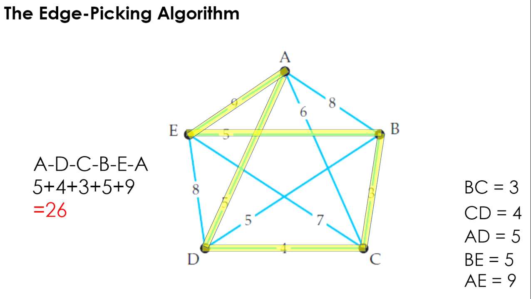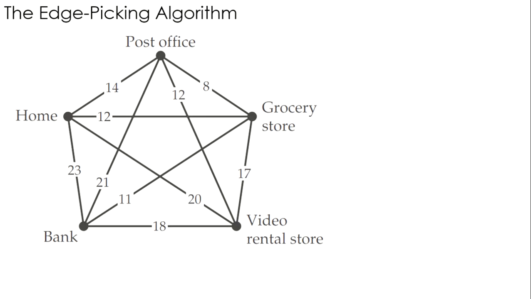Okay? Then earlier we had the situation about running errands. So let's try to use the edge picking algorithm here. Take note, you don't need to start at home yet. All you need to do is identify the smallest weight up until the largest.